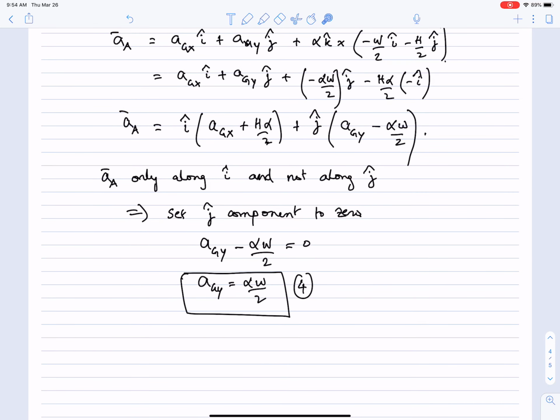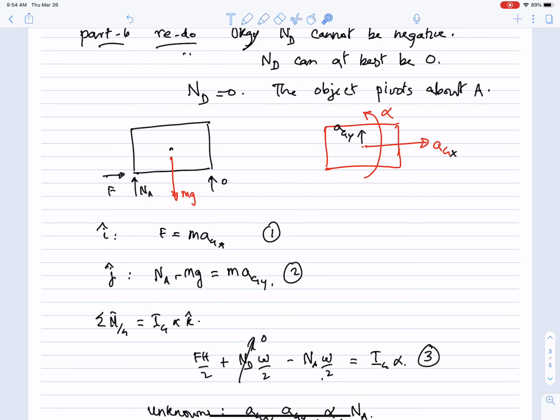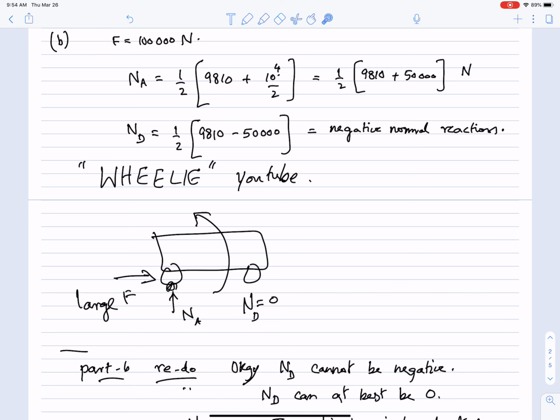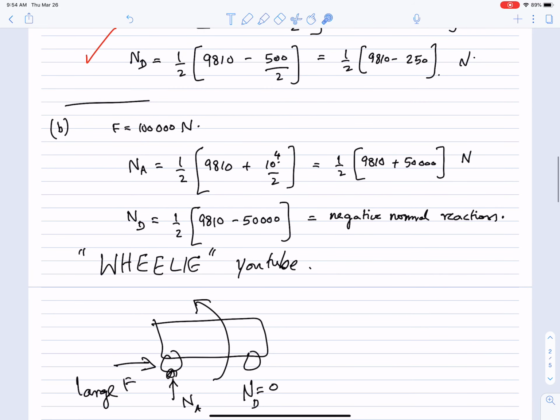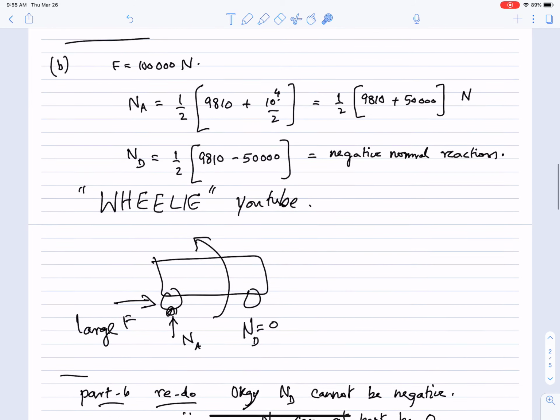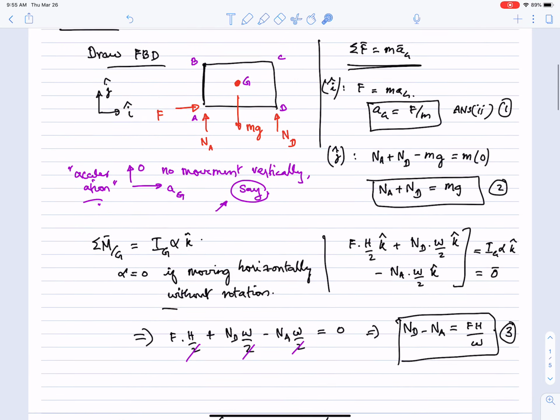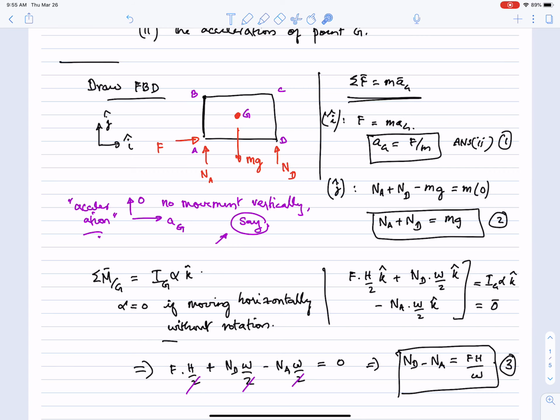Okay, so the second part where we are doing the wheelie problem would be considered more advanced in the context of this course. But we might ask you problems like: for what force does the normal reaction just go to 0? When does this point start to lose contact, at what force? That might be a question, for instance. And if we ask a question like this in an exam, we will explicitly outline what assumptions to make.